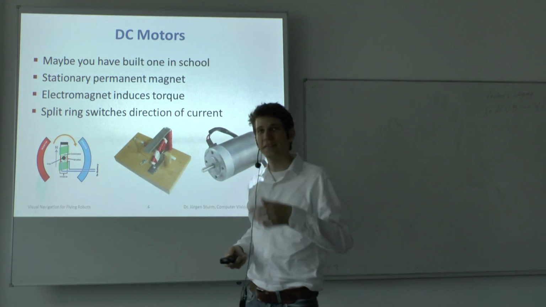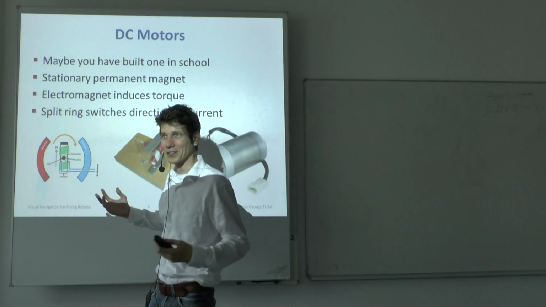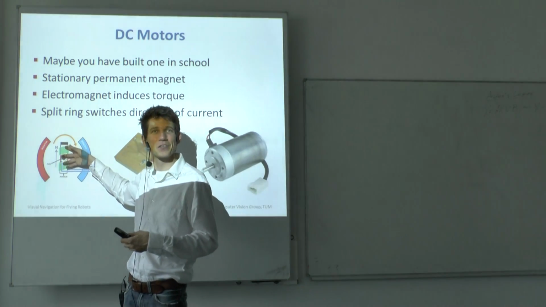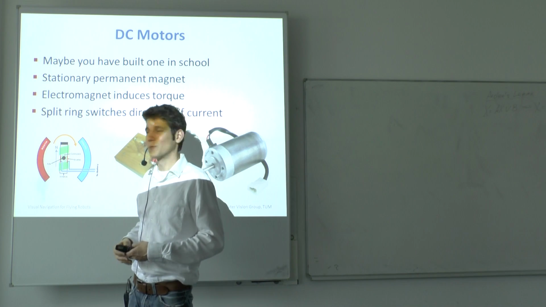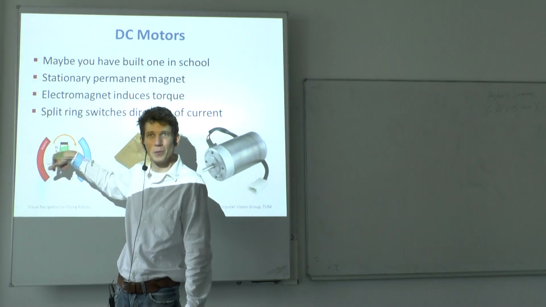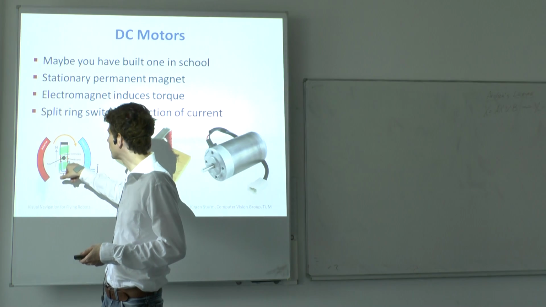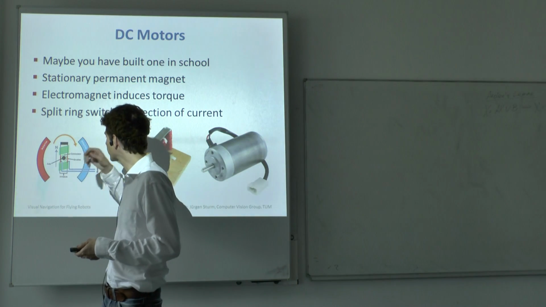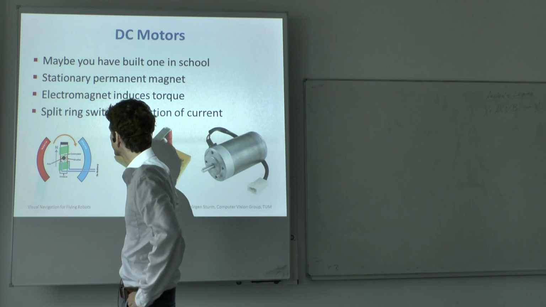A DC motor by itself doesn't have a preferred direction, so in principle, depending on in which position you switch it on, it will either turn to the right or to the left. Once it starts turning, it will of course continue, because then there is a certain preference direction. But it could happen that if you switch it on in a different position... at least that's what I think.